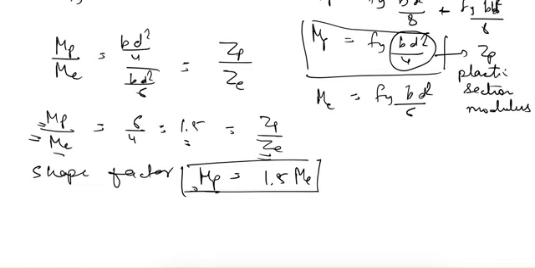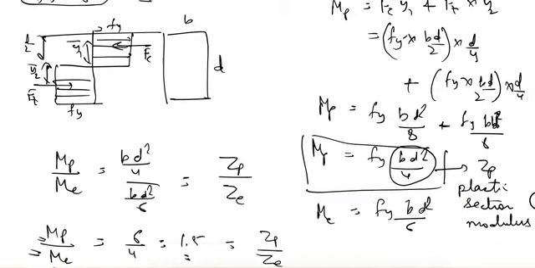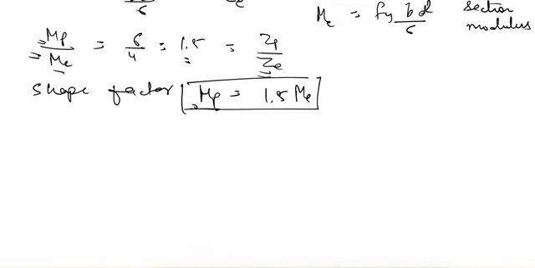Now in the case of plastic analysis, for the neutral axis we know that compression force is equal to tension force and force is equal to stress into area. So for the plastic analysis, this force becomes Fy into area. Let's say on the compression side it is Fy into A1, let me write it as C, and similarly on the tension side it is equal to Fy into A2.